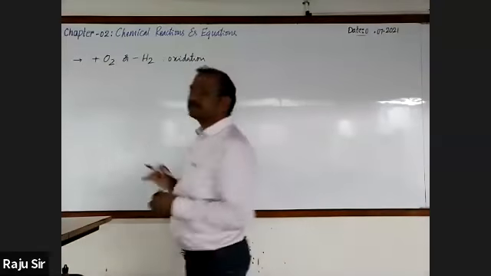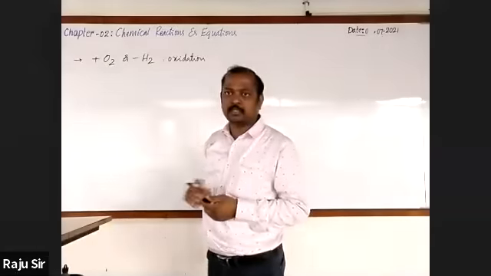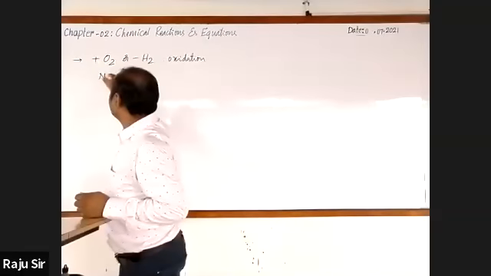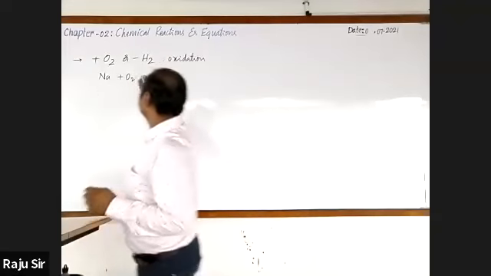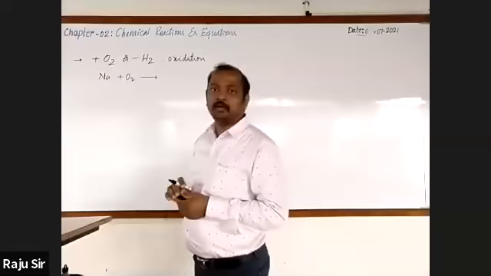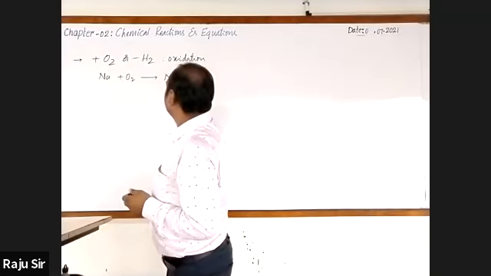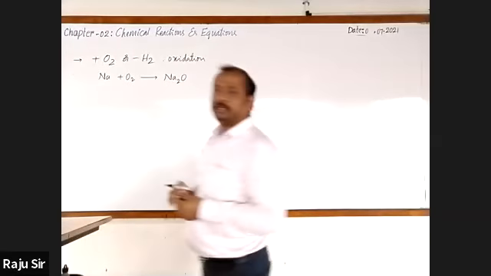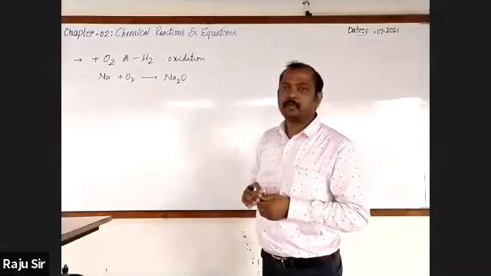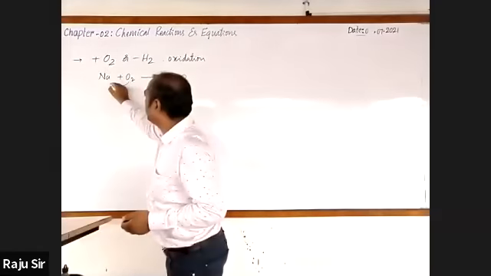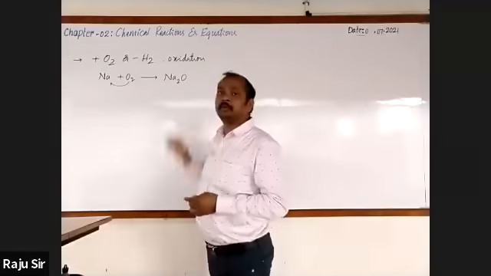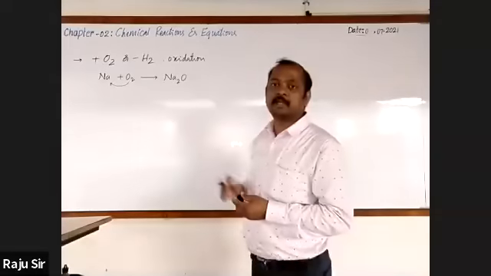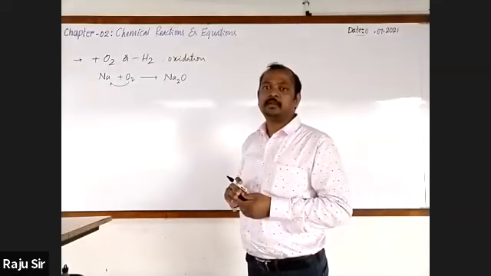And if you want to take a simple example with respect to oxidation, it is when sodium reacts with oxygen, it produces a compound called sodium oxide, Na2O. See, here addition of oxygen to the chemical substance sodium to form a new compound. Therefore, it is an example for oxidation.